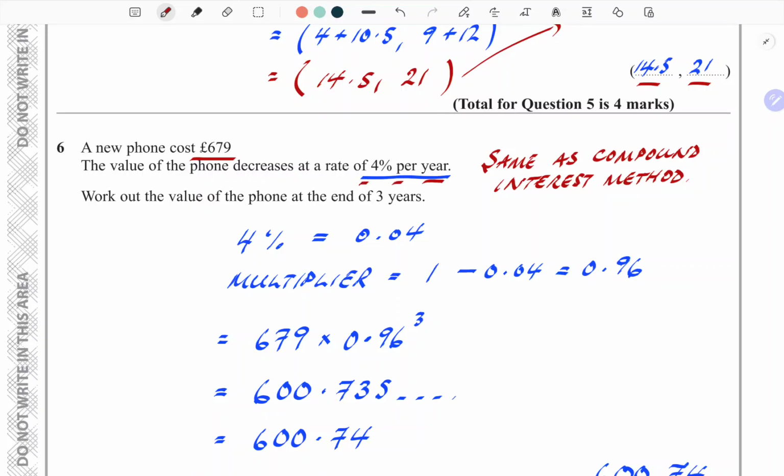And they want the value after 3 years. So the first thing we do is work out what we call the multiplier. It's basically 1 plus or minus the rate of change in percentage, in decimals. That's your multiplier.